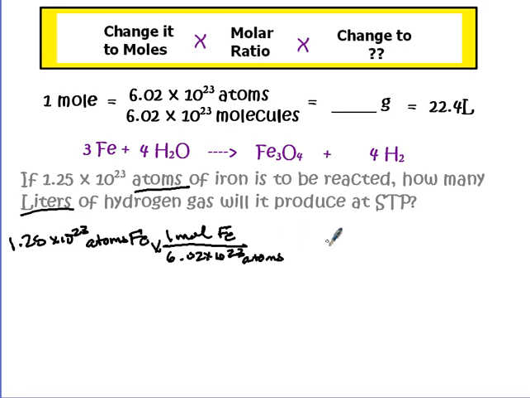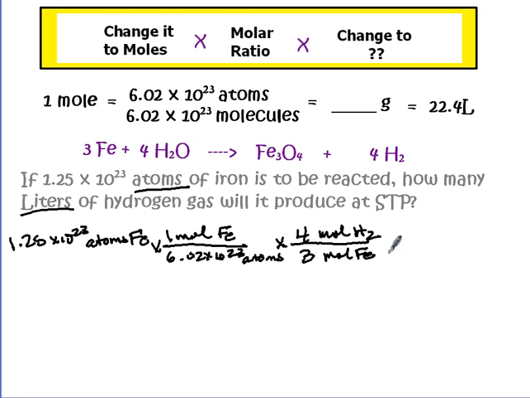Now, instead of calculating this out on my calculator, I'm just going to go ahead and put in another multiplication sign and do my molar ratio. On the bottom, moles of iron. On the top, moles of hydrogen, because that's what I'm changing it to, hydrogen gas. Grab my numbers in the balanced equation here.